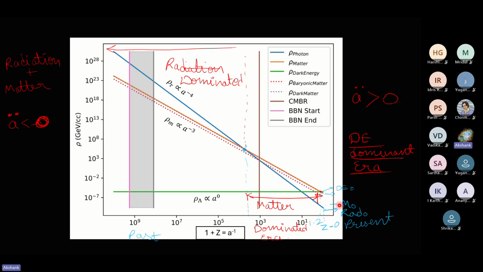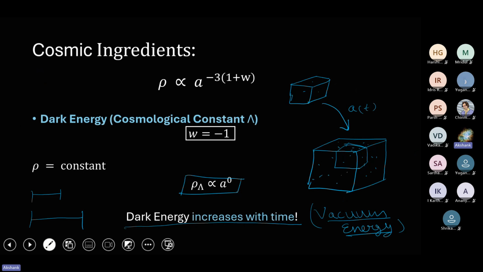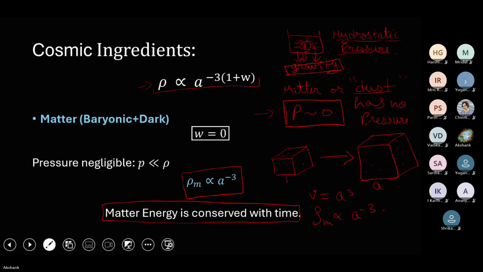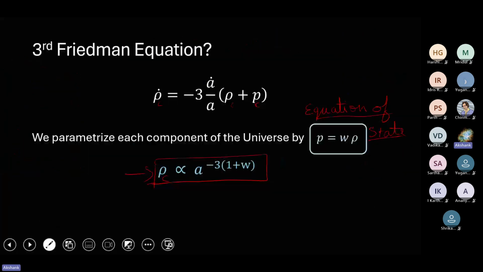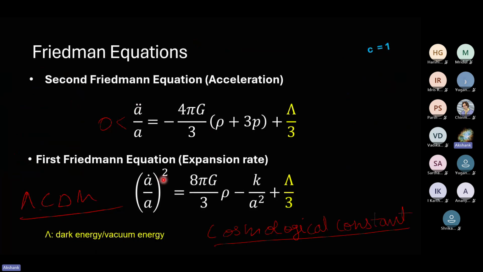And so what these Friedmann equations are telling you, as I said earlier, is that the expansion rate of the universe and the acceleration of the universe depend on the constituents. Either those constituents are in the form of radiation or matter, or it is the cosmological constant or dark energy.